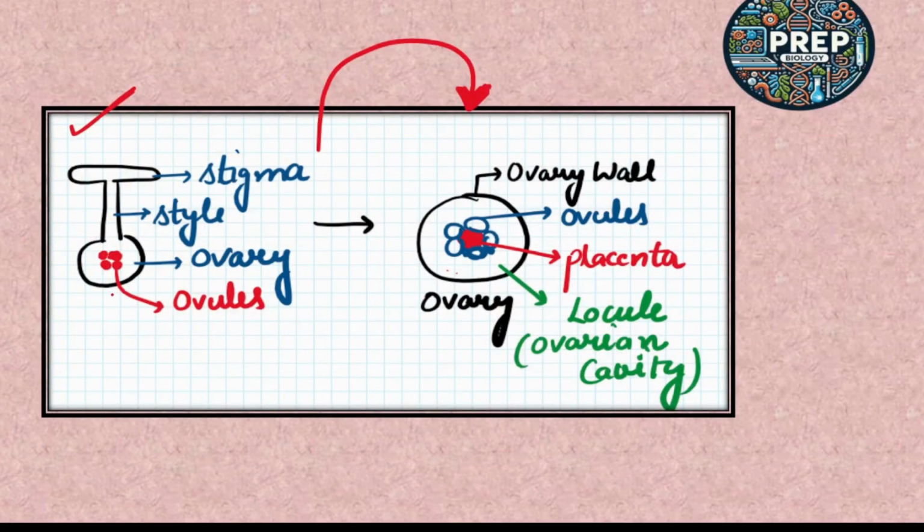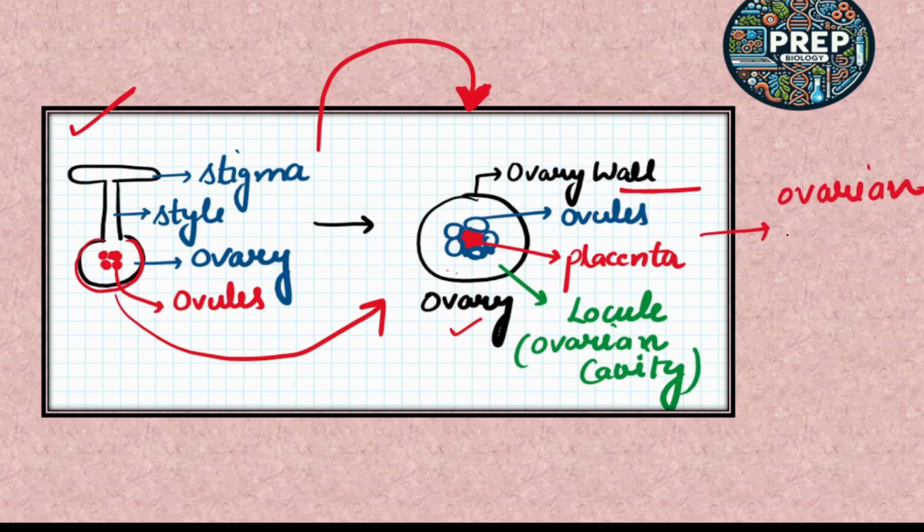Now if we see inside the ovary enlargedly, this is the structure of a single ovary. Now we will discuss the different structures present inside the ovary, so understand it carefully. We have the outermost layer of the ovary, that is called the ovary wall. Then the ovarian cavity, that is also called the locule.